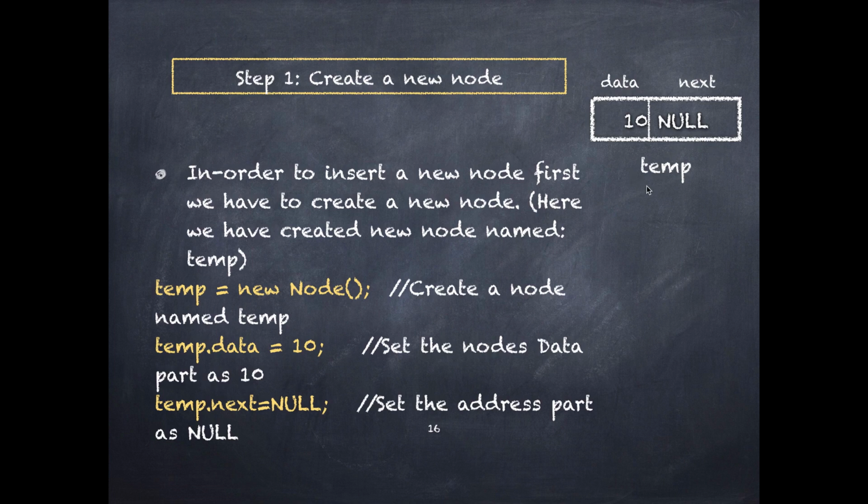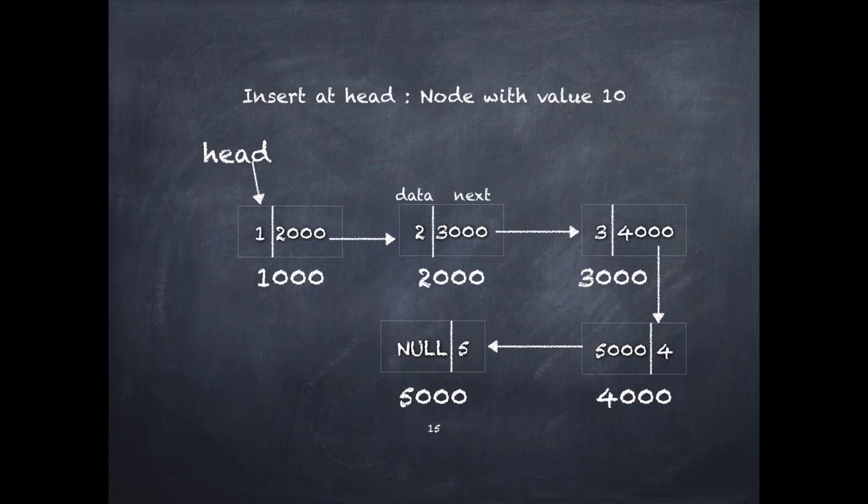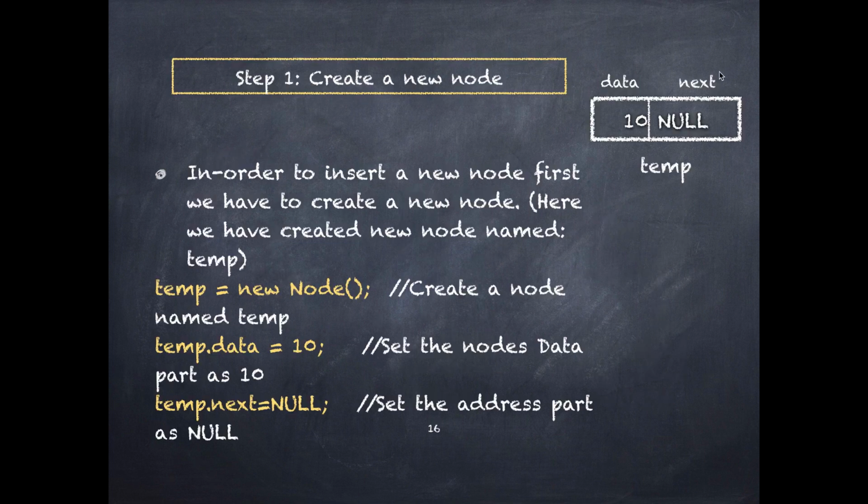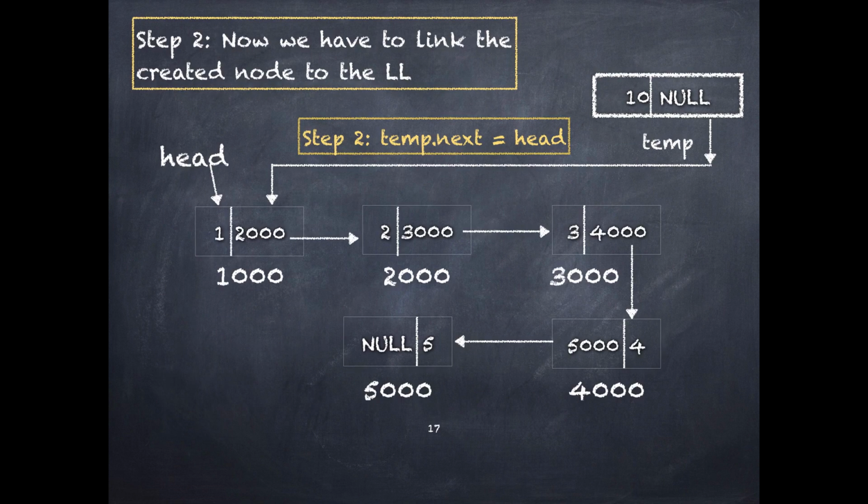Now we have this whole linked list, and we have this node which we have to insert into the linked list. Where is the position? You have to insert this node at the beginning, that is before 1. Now we have to link the created node to the existing linked list, right?